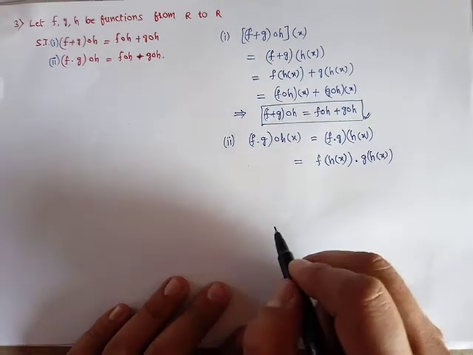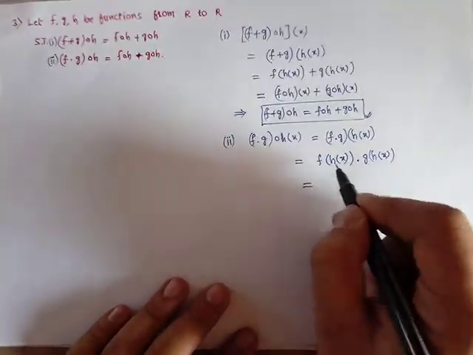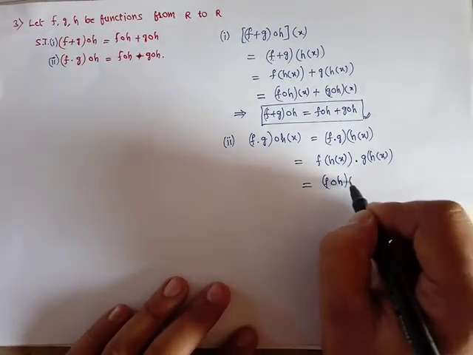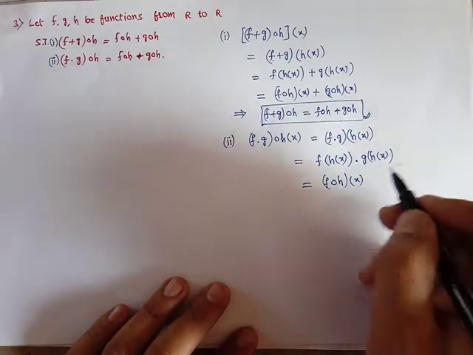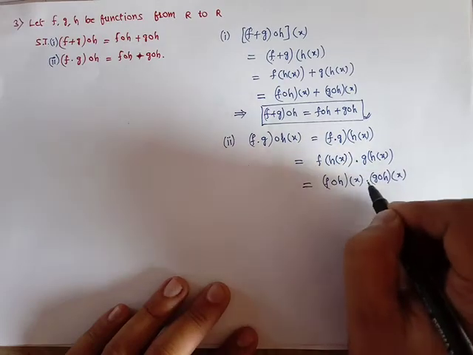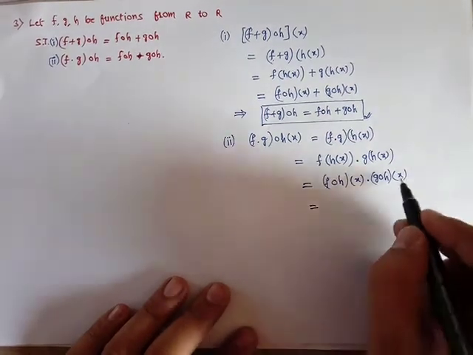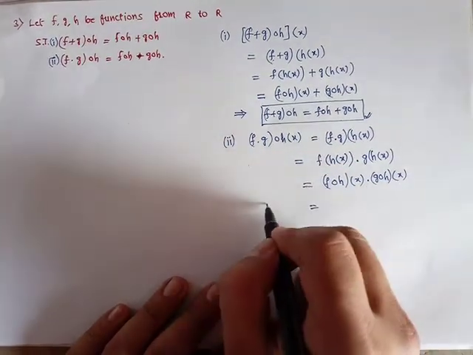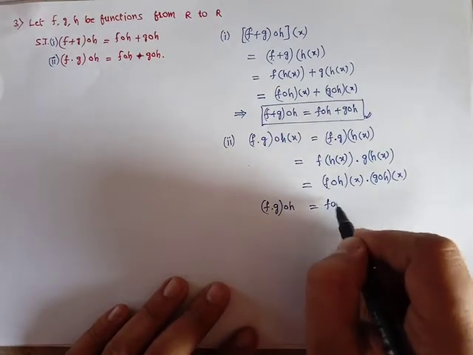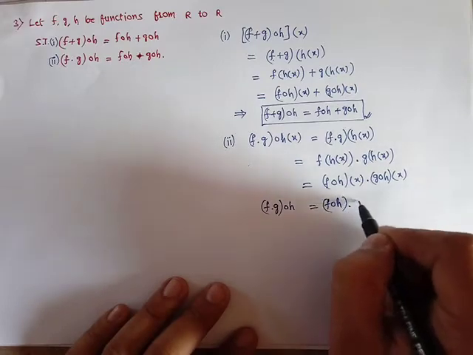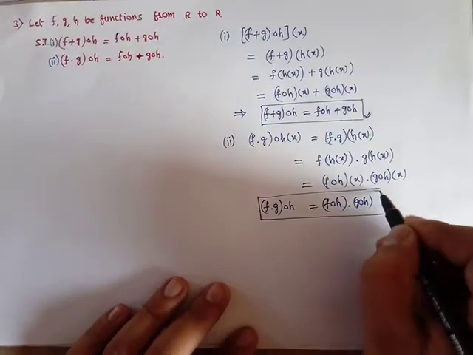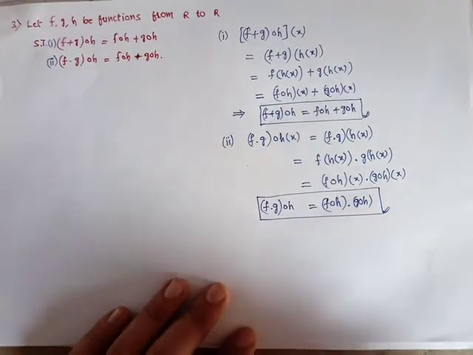So dot can be taken in the middle as usual, which is equal to f circle h of x dot g circle h of x. Now x can be eliminated from both, then (f dot g) circle h is equal to f circle h dot g circle h. This is the proof.